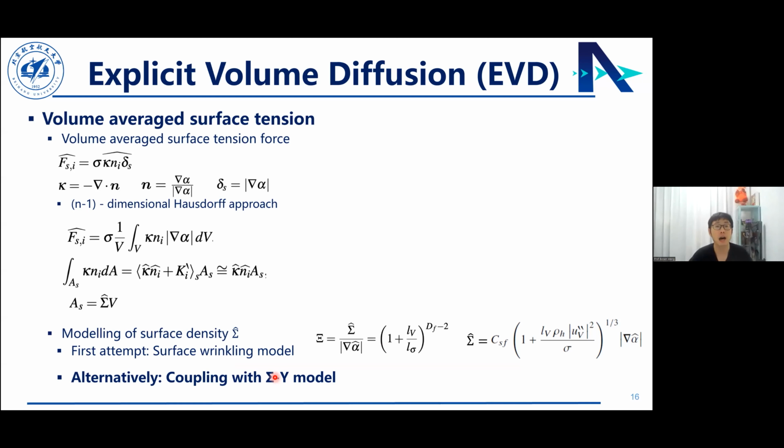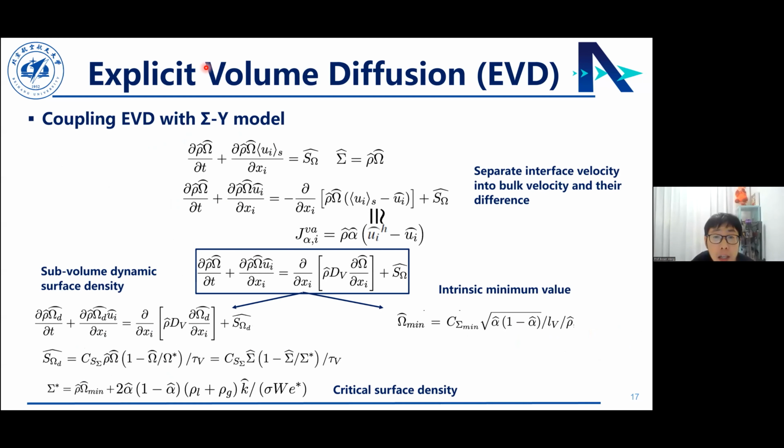Let's see how to couple the EVD with the sigma-Y model. We know the surface density, we still go to its original formula. The transport equation for the surface density has a time derivative and the convection. The convective velocity should be the interface velocity. Then we separate the interface velocity into the bulk velocity and their difference.